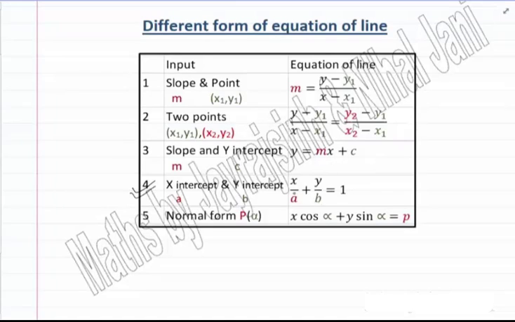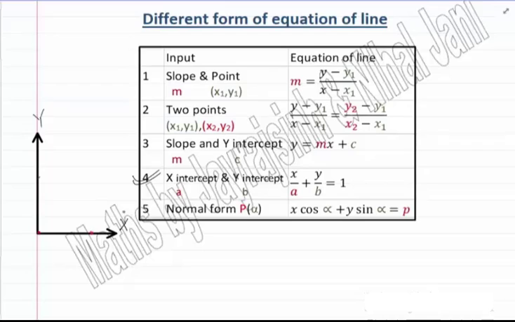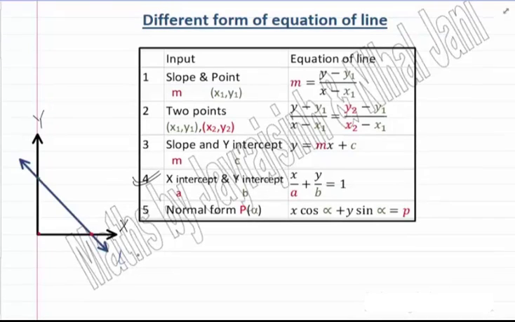Before we go for the equation, let me remind you some information regarding intercepts. Consider x and y axis, and our equation of line L is ax plus by plus c is equal to 0, and it is like this.